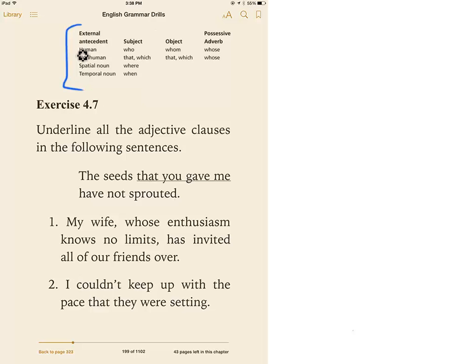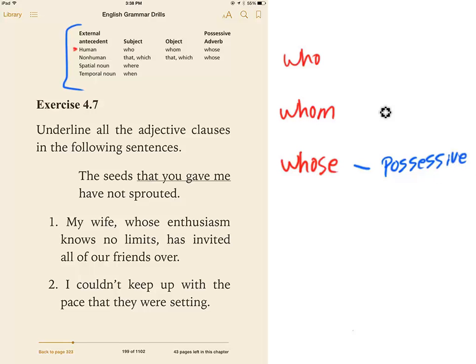Okay, a little review. If our antecedent is human, it is proper to use either who, whom, or whose. Remember the difference: if this relative pronoun is acting as a possessive, we're going to use this one. This is a possessive. If it's acting as a subject, or another way to say this, if it's doing the action, we use the pronoun who.